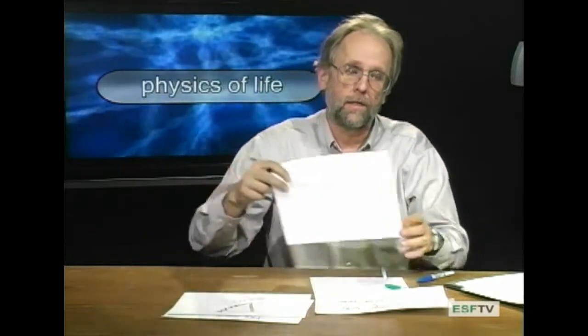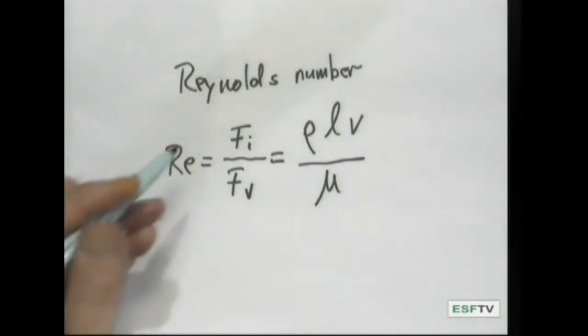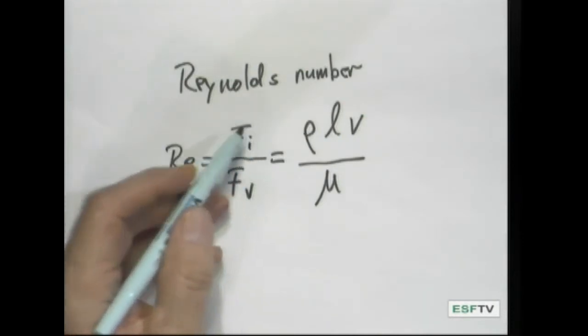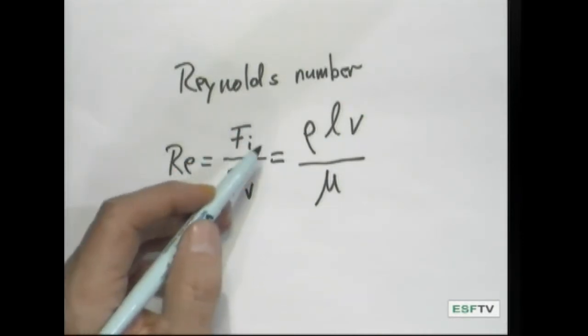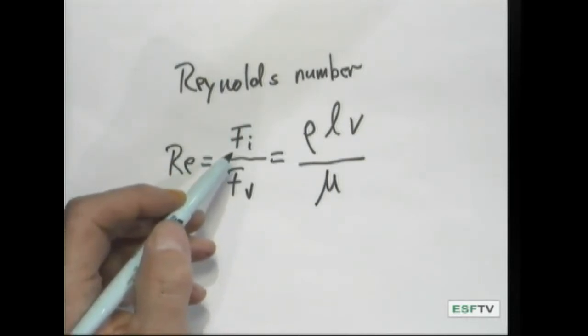Now, there's a very important thing to keep in mind about what happens as Reynolds numbers vary, and that is that Reynolds number is a ratio of the kinds of forces that are operating on organisms. And when you're talking about organisms that are operating at high Reynolds numbers, this says something very important. What it says is that what's governing their motion and their interaction with fluids is primarily inertial forces.